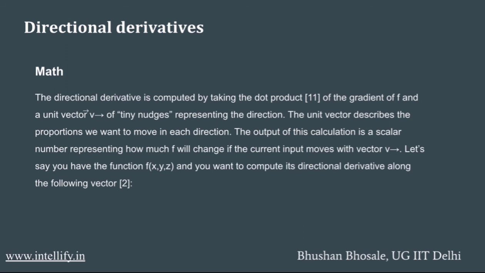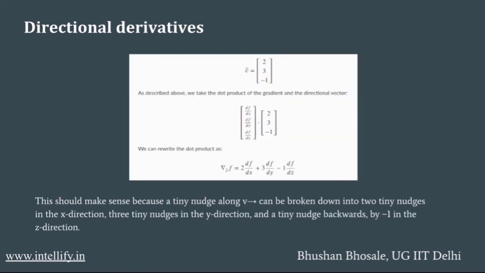Let's say you have the function f of x, y, z and you want to compute its directional derivative along the vector (2, 3, -1). Now as described, we take the dot product of the gradient and the directional vector.